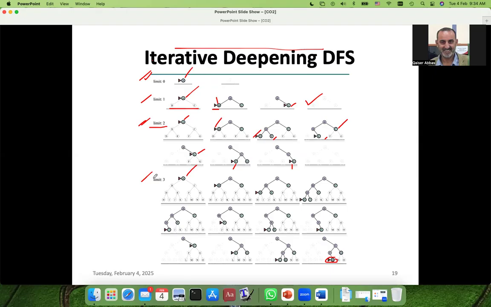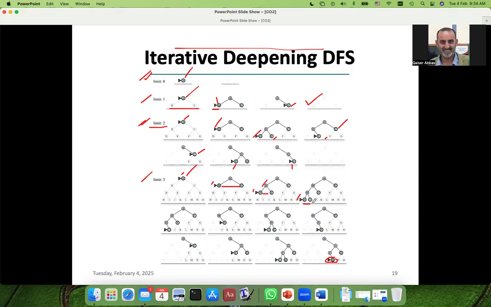For example, when the limit is 3, we are starting again with this A. We are adding 2 next nodes in the frontier, and from the left we are checking whether it is a goal, no. Then we are expanding this B according to depth first search, adding further 2 nodes in the frontier, and selecting on the left, checking whether it is a goal, no. Then we are adding further 2 nodes in the frontier, and on the left we are checking whether it is a goal, no. This is the last point of the state space.